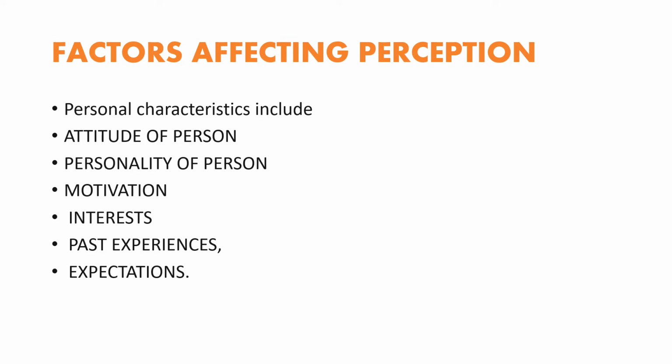Next, motivation, interest, past experiences, expectations. All these factors will affect perception because we are experiencing this world with the help of our senses. Based on attitude, personality, motivation, interest, experience and expectation, definitely the perception will change.